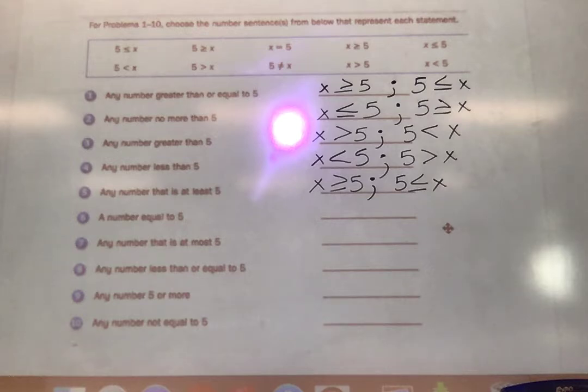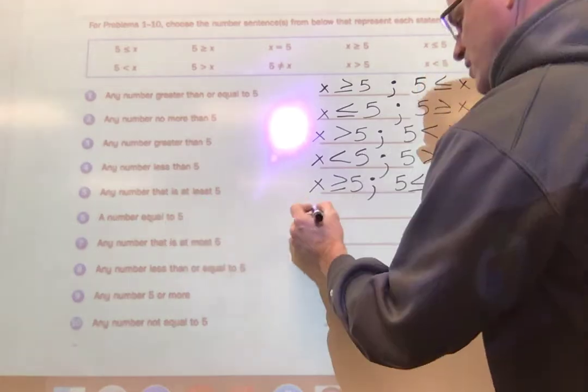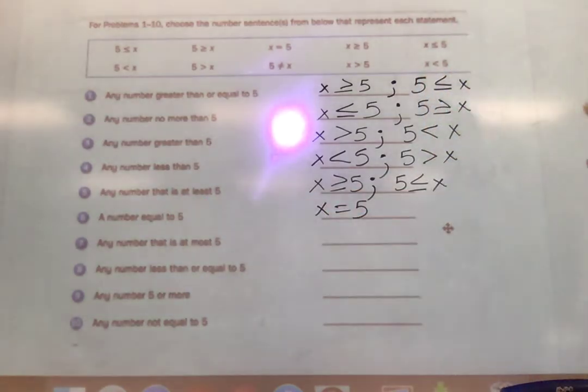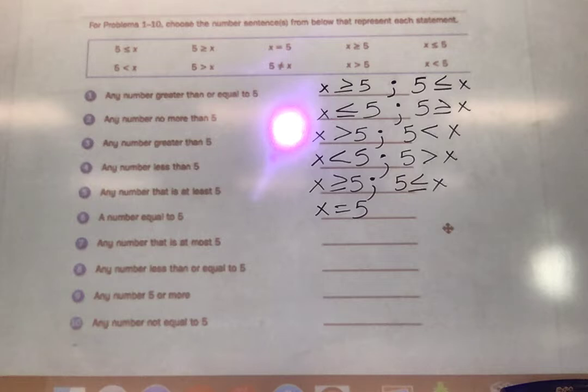Number 6, a number equal to 5. Okay, so that's just a number, we'll call it x, is equal to 5. Very simple one there. A number is equal to 5, so x has to be 5, whatever that is. Okay, number 7, any number that is at most 5. So if it's at most 5, that means it's going to be less than or equal to 5.